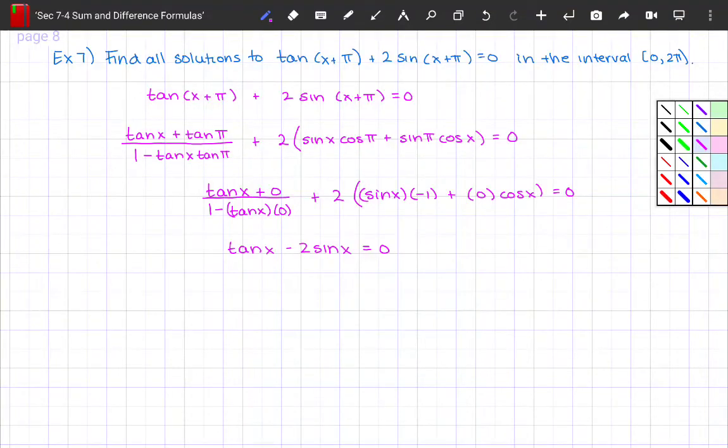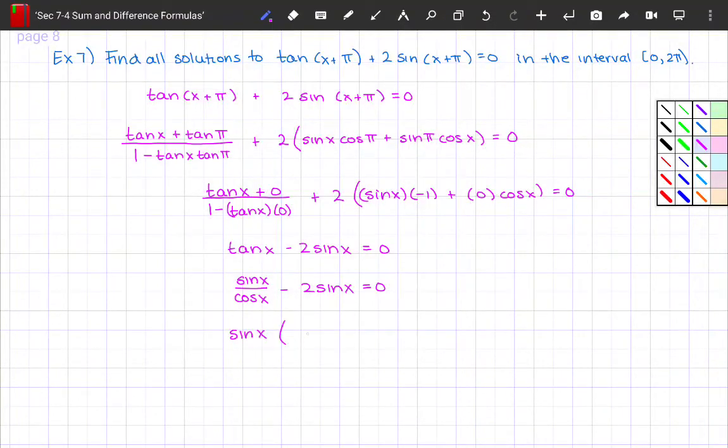Well, remember, a good strategy when you get stuck, when in doubt, write everything in terms of sine and cosine. Let's see what happens. So tangent is sine x over cosine x. Can you figure it out? Can you see it? We can factor out a sine from both terms.